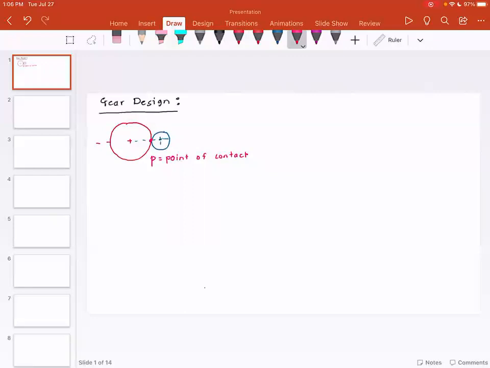And clearly, we talked about it. This is the line of centers. So this is the line that is joining the centers.